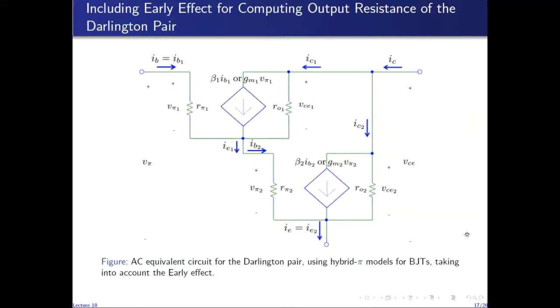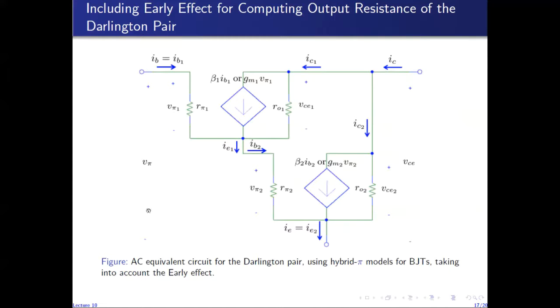So unlike a voltage amplifier where we short circuit the input to find the output resistance, the output resistance of a current amplifier is defined at open circuited input.